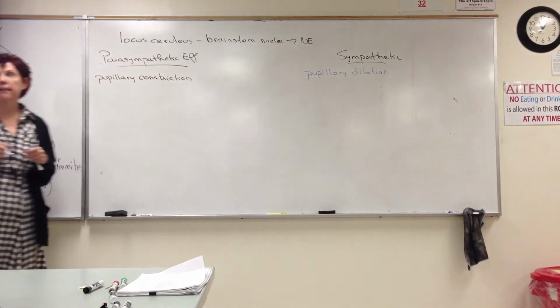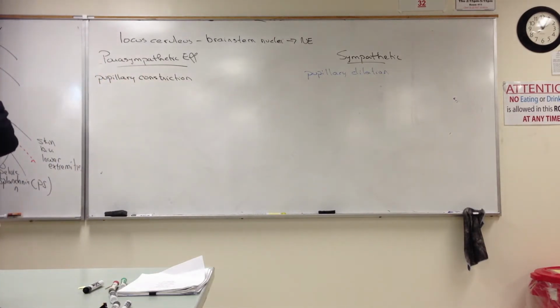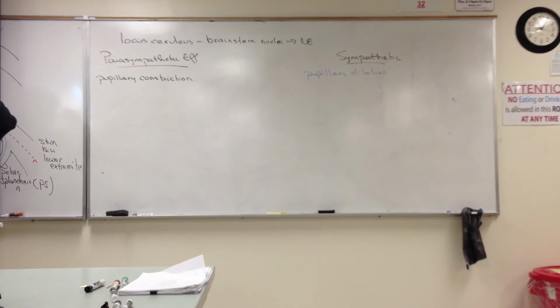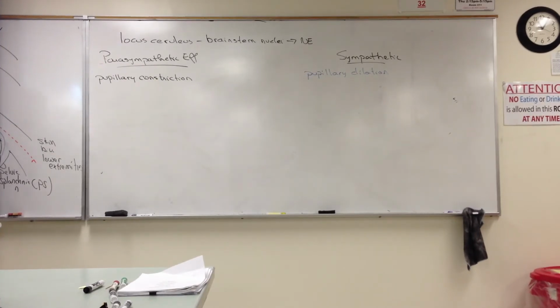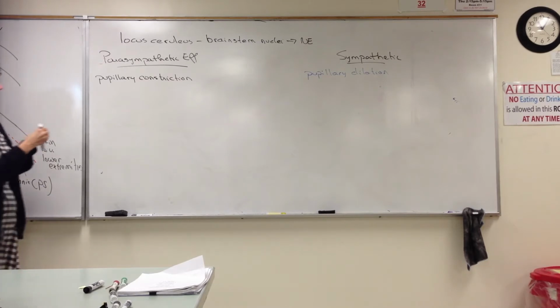And remember, sympathetic fibers will get to the pupil by coming off the superior cervical ganglion and following the internal carotid artery up into the skull, and then following blood vessels with the optic nerve out to the eyeball. Okay, so that's, again, following blood supply is how it gets out there.